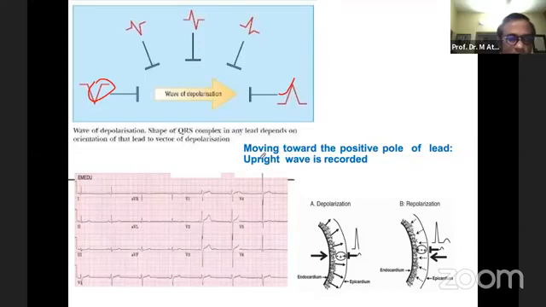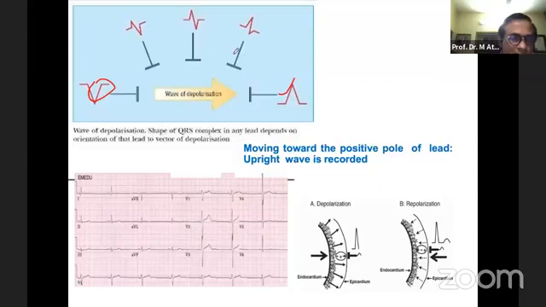So the simple formula is that when moving toward the positive pole of the lead, an upright wave will be recorded. These are the different positions of the lead: here almost a right angle, and here the position of AVL.